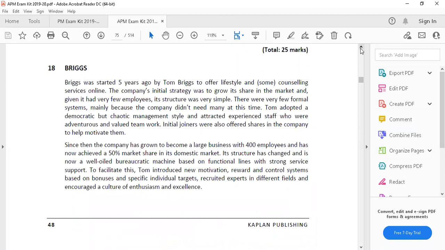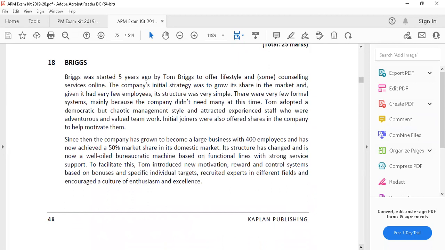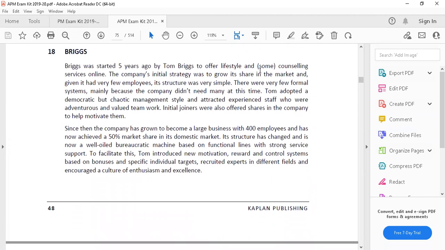It says Bricks was started 5 years ago by Tom Bricks to offer lifestyle and some counseling services online. The company's initial strategy was to grow its share in the market.